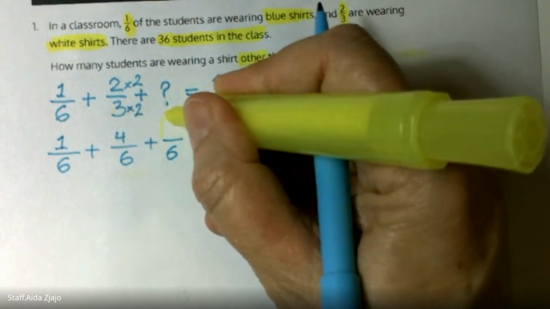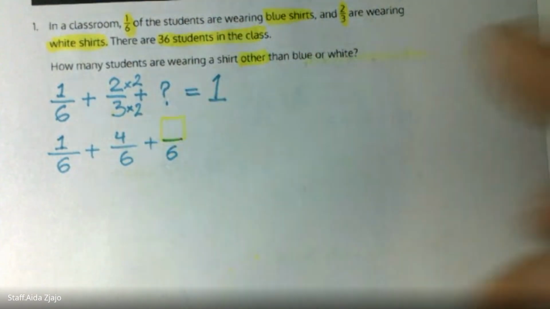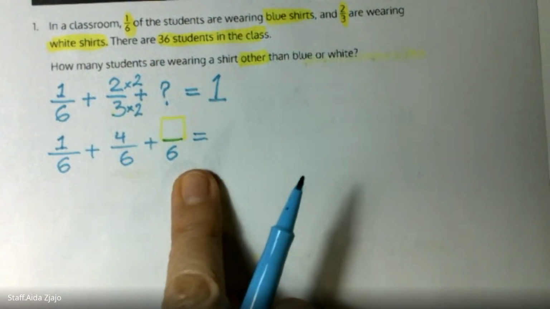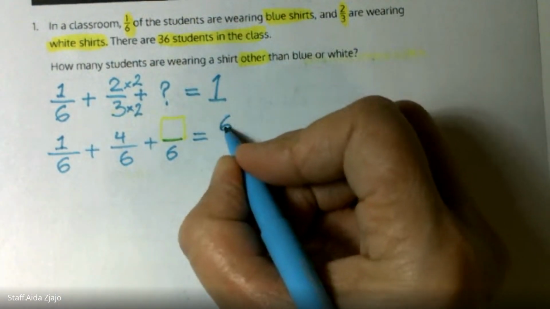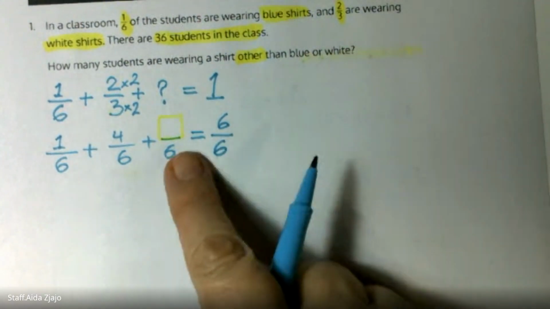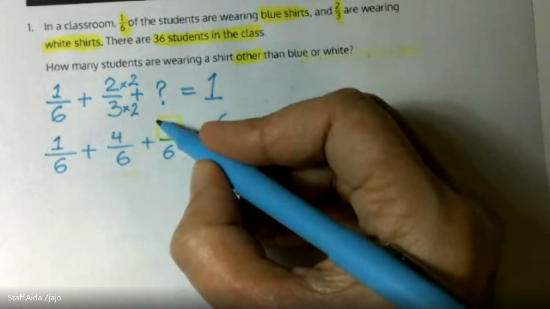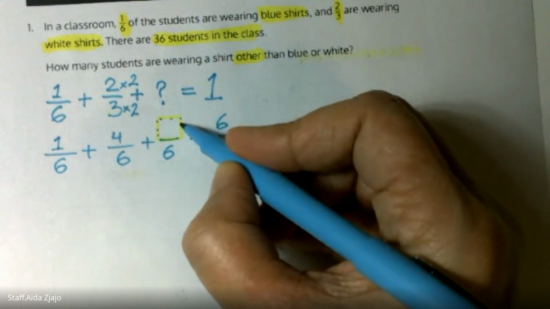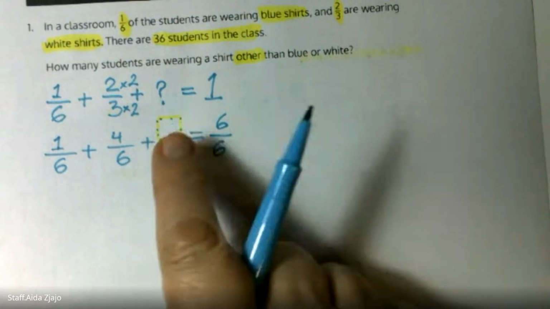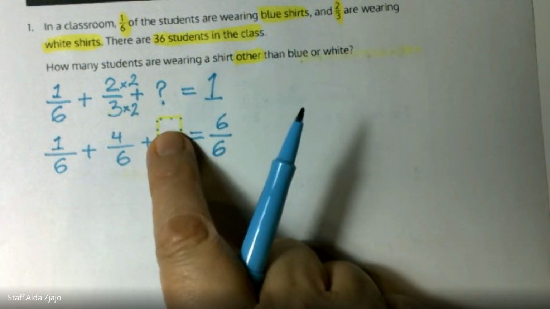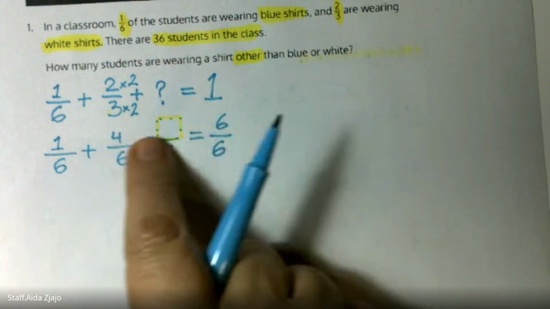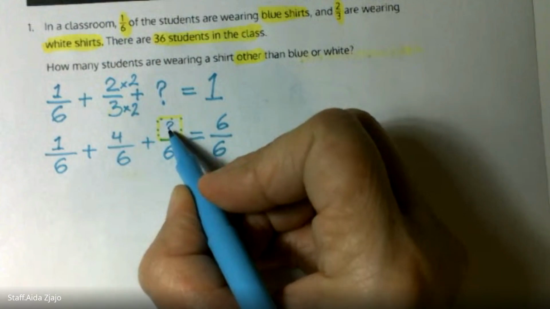We can make a square here, which must equal the whole in terms of sixths, 6/6. Right now you can see the missing number, because 1 plus 4 is 5, and then this number, when you add it in, has to equal 6. So right there we know what this is.